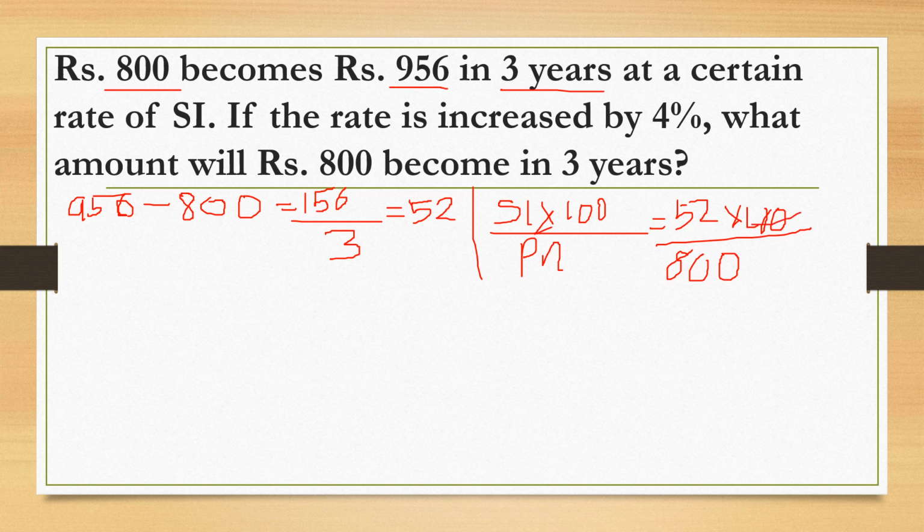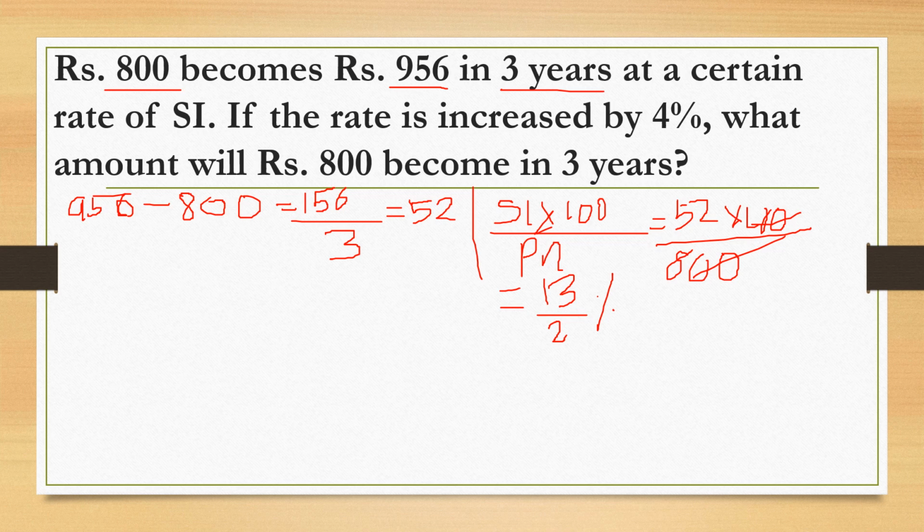We can cancel these two zeros. So we will get 52 by 8, which is equivalent to 13 by 2%. This was the previous rate of interest.